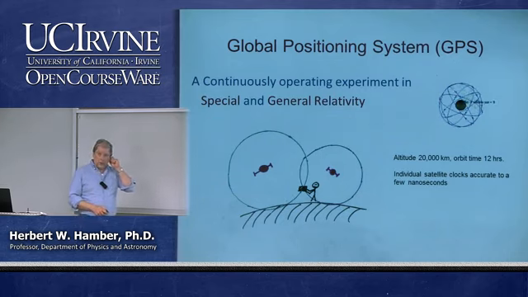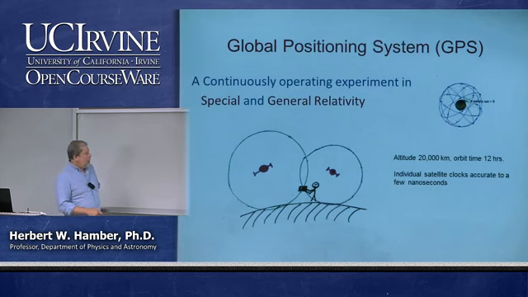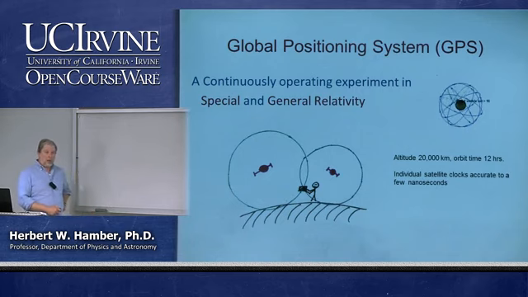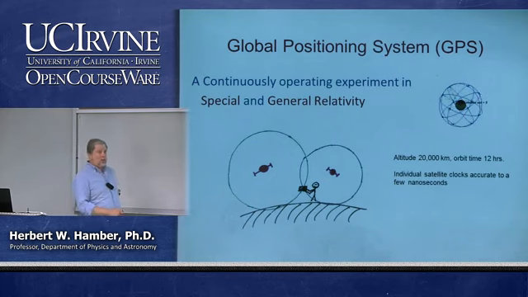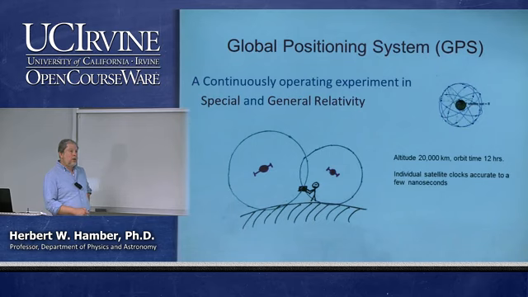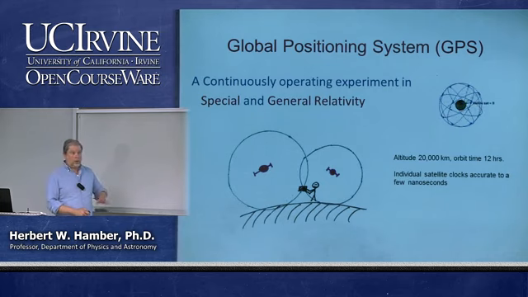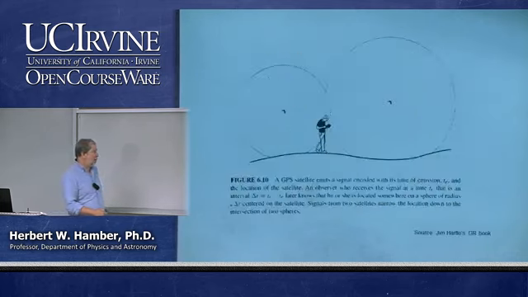They're not geosynchronous. And it turns out that general relativity plays a role in this GPS system, because, as I say here, it is a continuously operating experiment in both special and general relativity. Special relativity having to do with the fact that these satellites move, and so you have to take the relativistic correction into account. Remember, they're very small, but if you have a drift, then that will give you a drift in the position where you're at on the surface of the Earth, so you have to correct that, right?